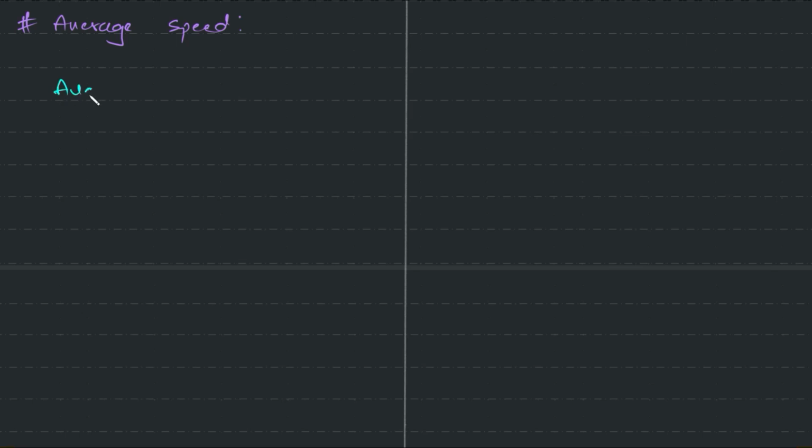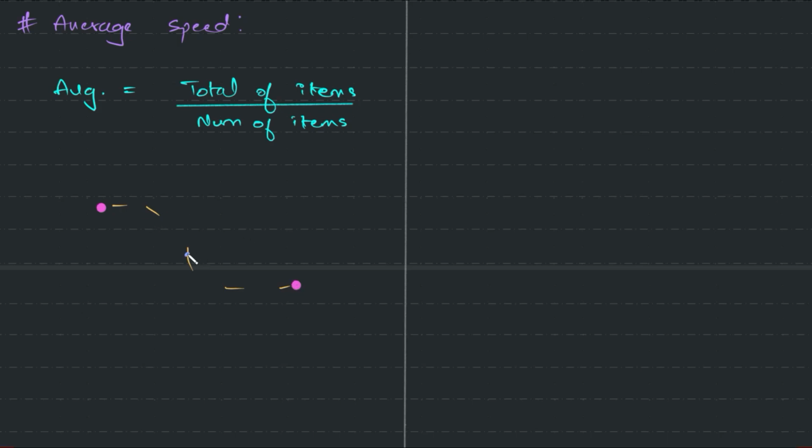Average is the total of items divided by the number of items. This is the basic concept. But if we have an object and it is just moving from point A to point B, again, it doesn't matter whatever path it's taking.